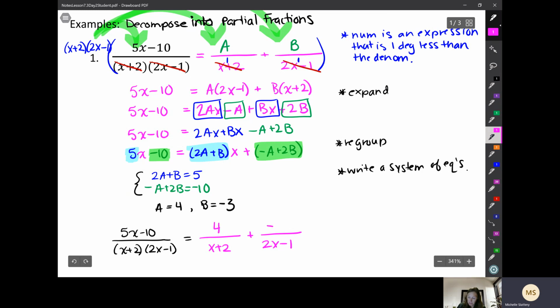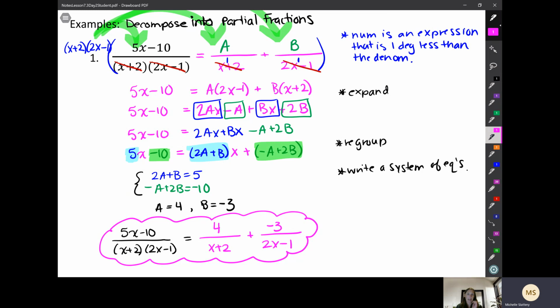So a is 4, b is negative 3. And here we have our answer. Now you can also write that as minus 3 over the quantity 2x minus 1. That's perfectly fine. Okay, there's number 1.